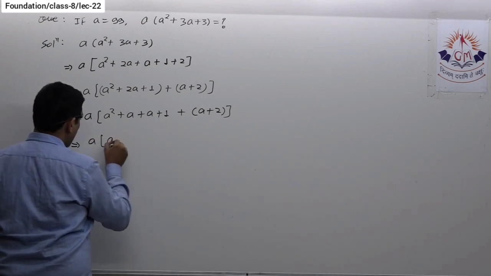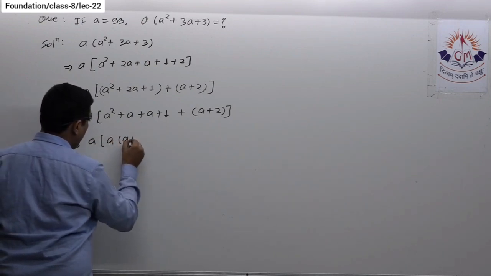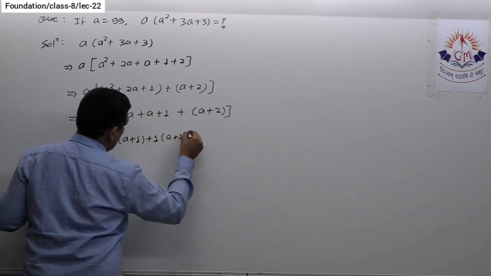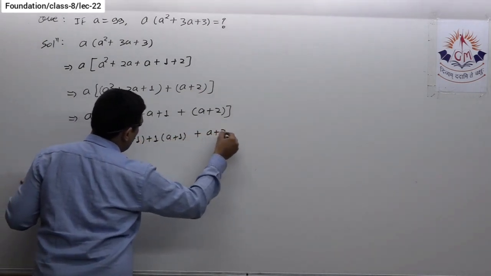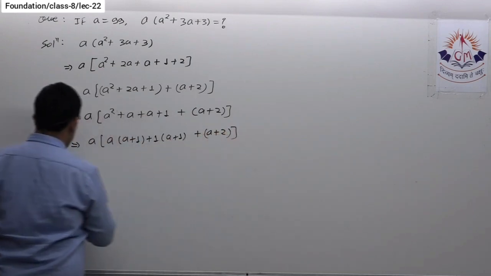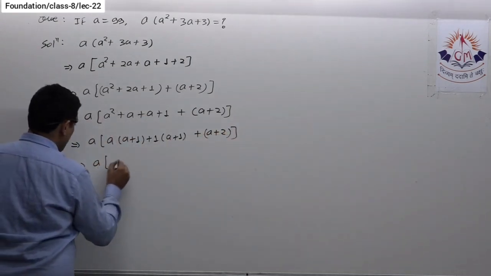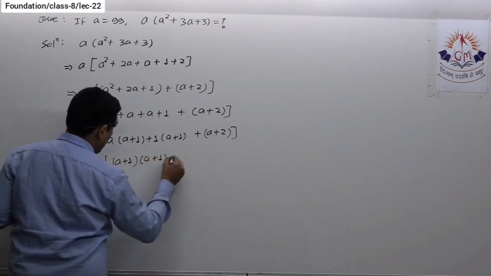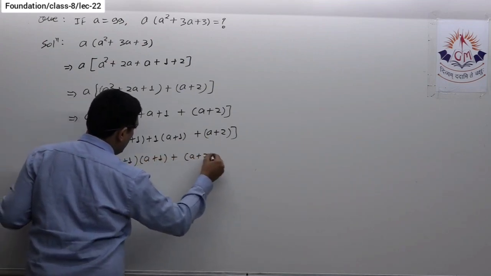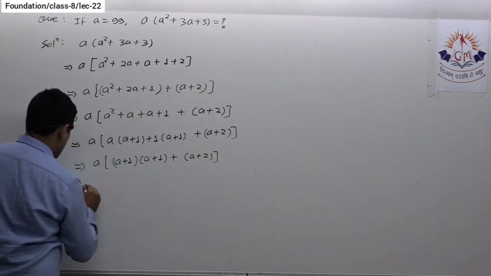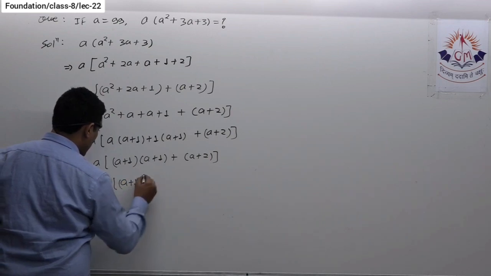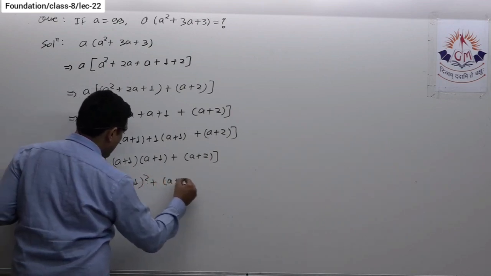If I take A common, I get A into A plus 1, and if I take 1 common, A plus 1. So this becomes A into A plus 1, plus 1 into A plus 1, plus A plus 2. Now I can write this as A plus 1 whole square plus A plus 2.